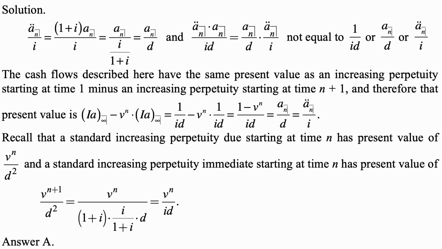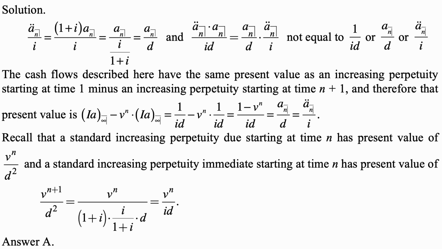And then we can write it as v to the nth over 1 plus i, so we move one of the v's to the bottom, times i over 1 plus i, that's d, and the other d is left alone. So 1 plus i cancels, and this becomes v to the nth over id. That's a way of remembering that increasing perpetuity immediate.